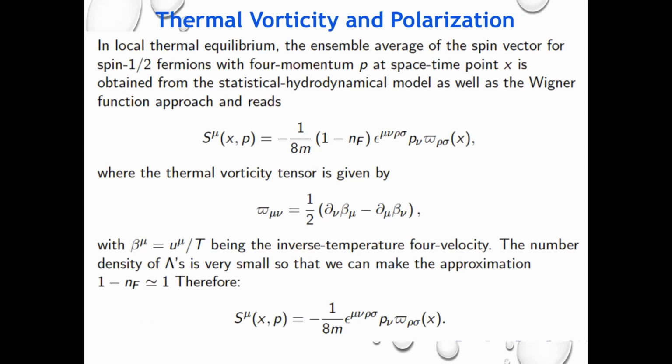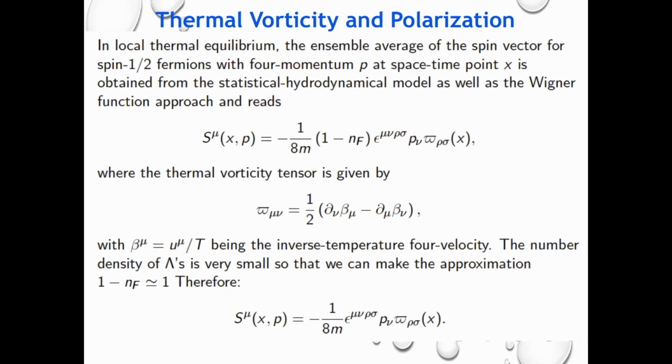And then the theory. Actually, that's the definition of the so-called thermal vorticity. So today I will speak only about this thermal vorticity, not about any other effects related to, for instance, the axial current, the so-called chiral vortical effect. An important assumption is that the system is in local equilibrium and the concentrations of both lambdas and lambda bars are relatively small.